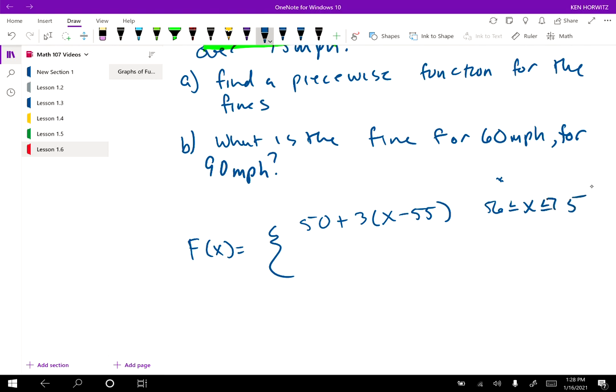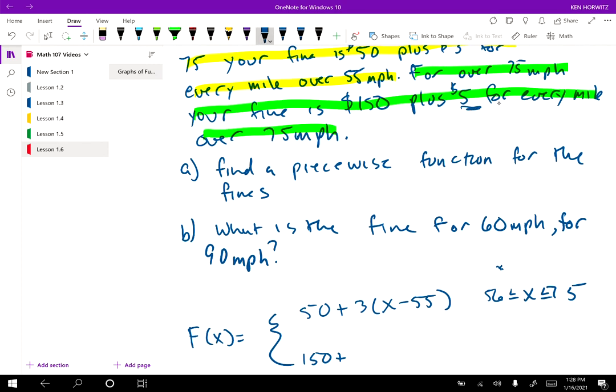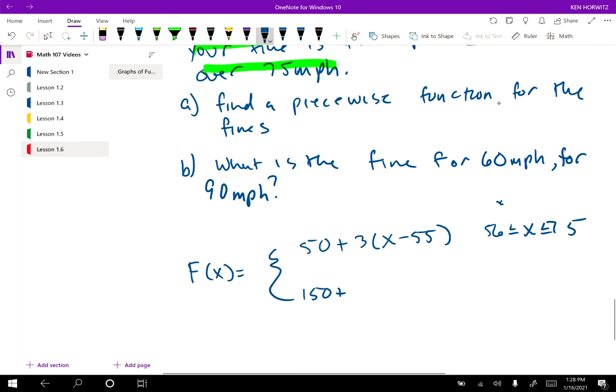between 56 and 75. My second fine is $150 plus $5 for every mile over 75. So I'm going to do x minus 75.